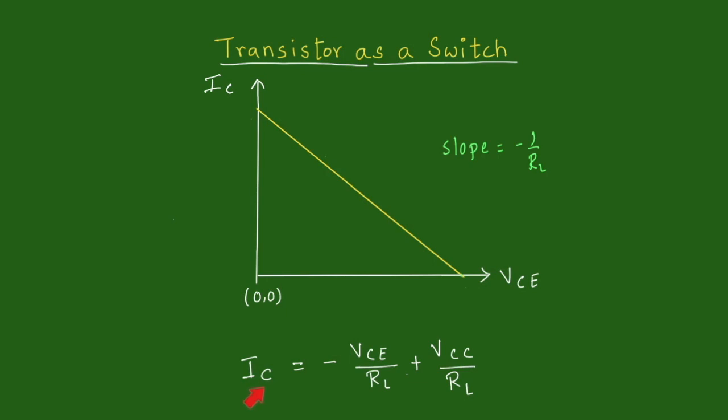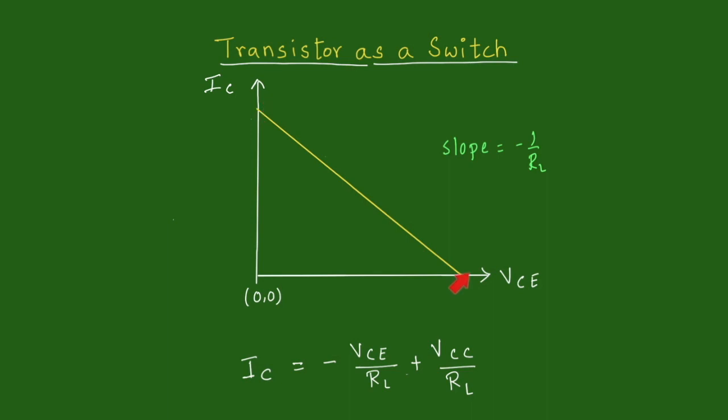If the equation IC equals minus VCE upon RL plus VCC upon RL is compared with the straight line equation y equals mx plus c, where IC is the y parameter and VCE is the x parameter, we can see that minus 1 upon RL is the slope of the line, and VCC by RL is going to be the y intercept of this particular line. As the slope of this line gives the value of load resistance, it is called the DC load line.